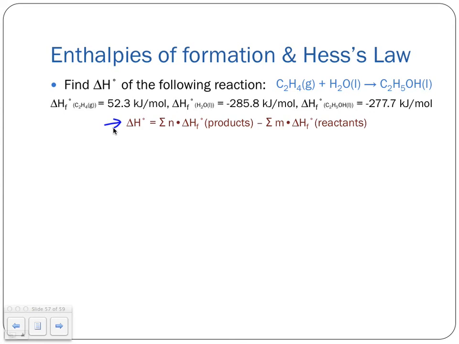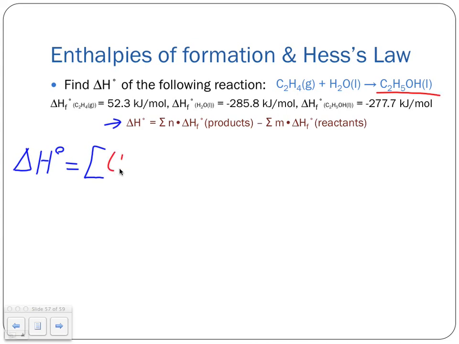So let's look first at what the products are going to be. I'll do a little bracket around each section, just to keep it straight. My first thing is going to be my product. Taking a look at this, I've really only got one product. So first, what's the coefficient in front of that?